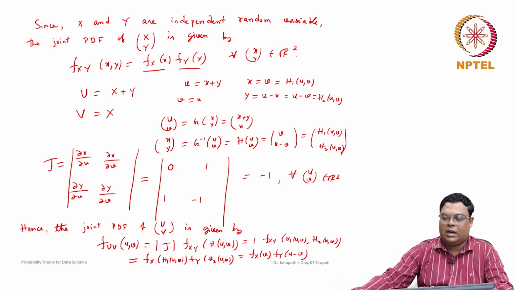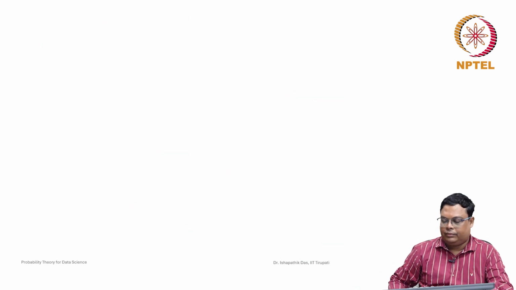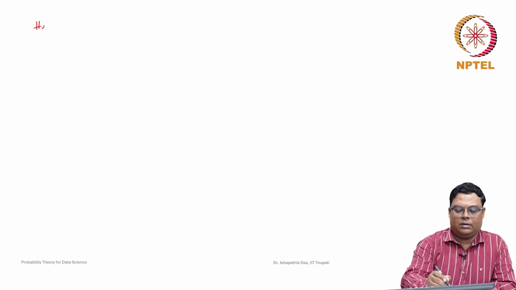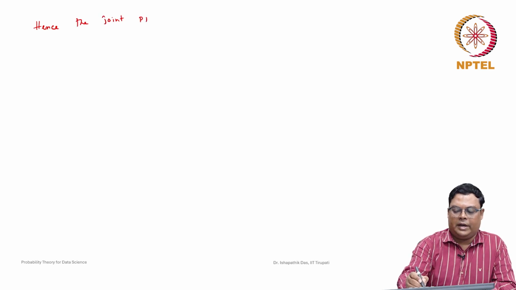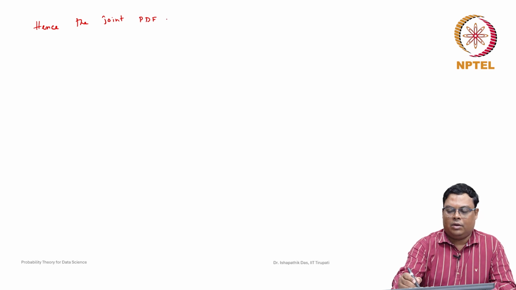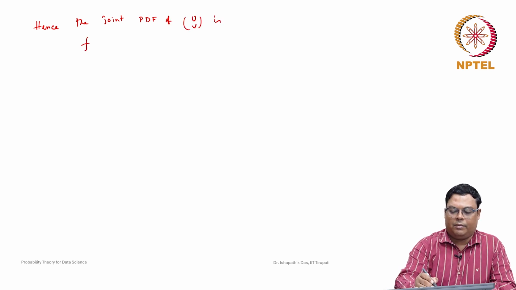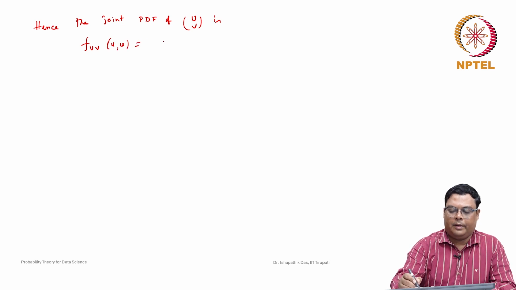So let us write down here. Hence the joint probability density function of (u, v) is given by f of (u, v), which is equal to what we found.